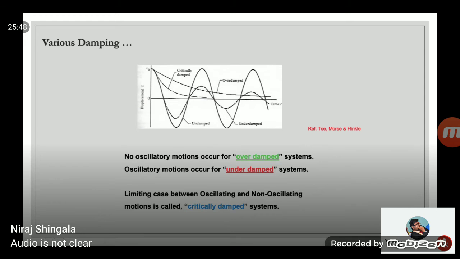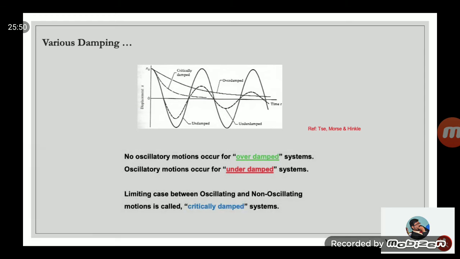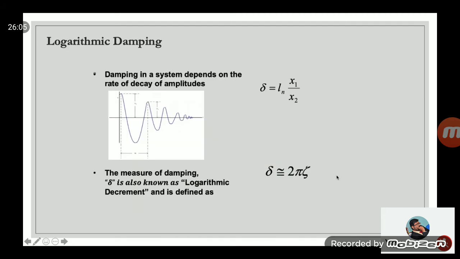But the one we encounter in our designs, or in reality, is the underdamped system. How well it can reduce the amplitude is what we are interested in here.